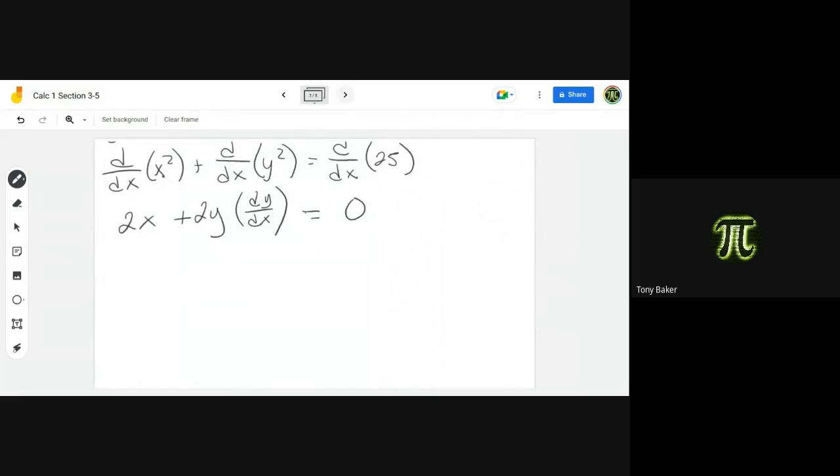So in essence, you're doing the derivative as normal. You just have to multiply your y. Anytime you do it as a y, you have to multiply it by dy dx. Now we have to solve for dy dx. We want to get this piece here by itself. So how would I solve that?